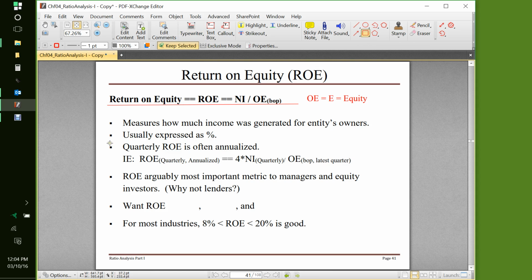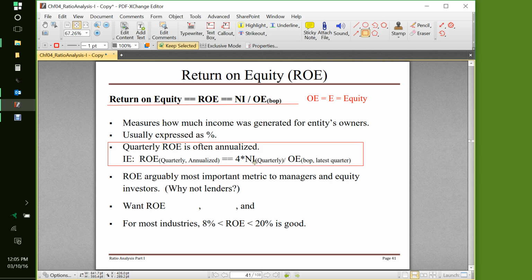So I didn't emphasize this as much with ROA, but it's true with all of these ratios, right? And the reason we want to do this is we always want our units to be, from our income statement or cash flow statement, sales per year or net income per year or operating cash flow per year. So if we're doing a quarterly ratio, we always need to convert those units.